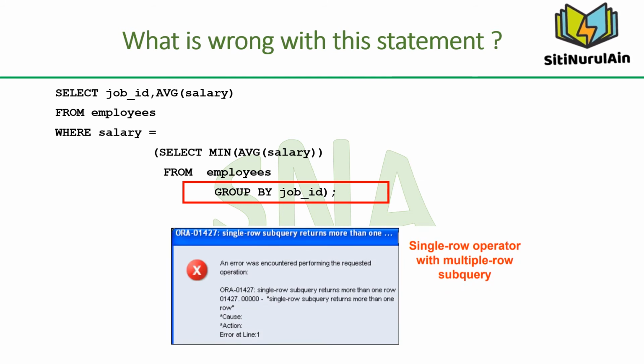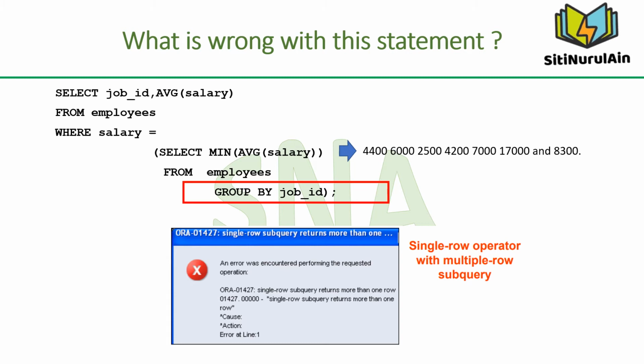A common error with subqueries occurs when more than one row is returned for a single row subquery. In the SQL statement in the slide, the subquery contains a group by clause, which implies that the subquery will return multiple rows, one for each group that it finds. In this case, the results of the subquery are 4,400, 6,000, 2,500, 4,200, 7,000, 17,000 and 8,300.